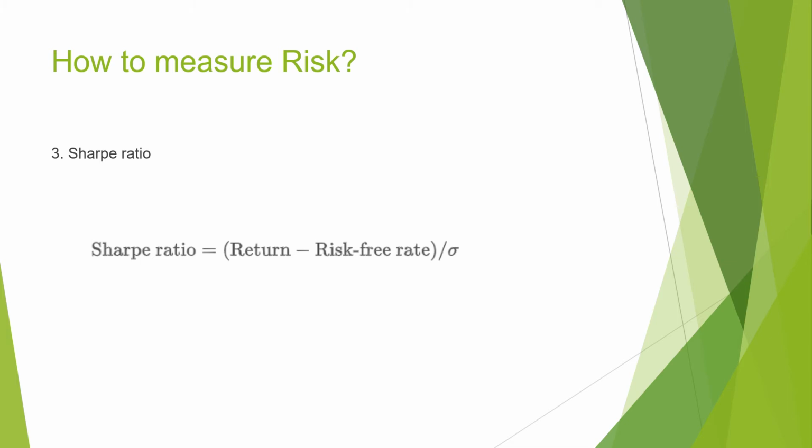Another method, which in your textbook is also introduced, is the Sharpe ratio, which is return minus risk-free rate, the difference between asset rate of return and risk-free rate of return, right? And then it is measured using standard deviation.